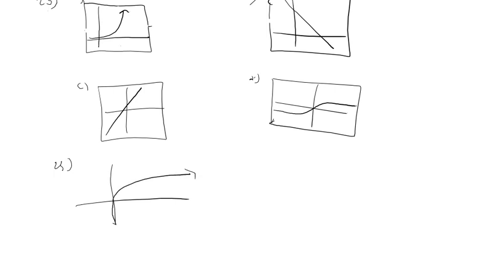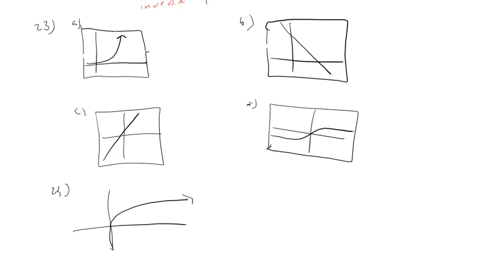So which one is the inverse of 23? To figure it out, what you have to imagine is swapping the x and y points. Really what you're doing is imagining a mirror going along this line. Flip the points, imagine a mirror.